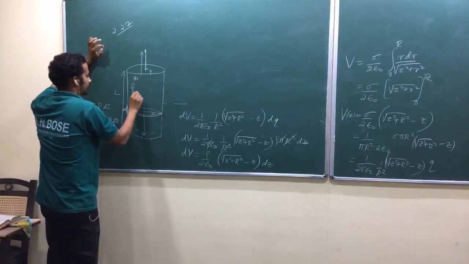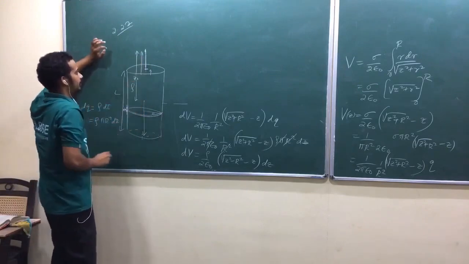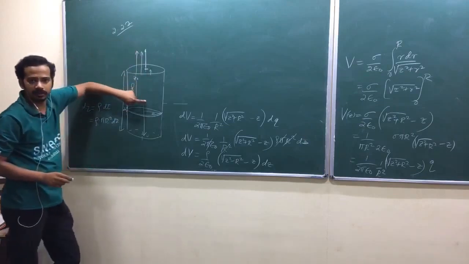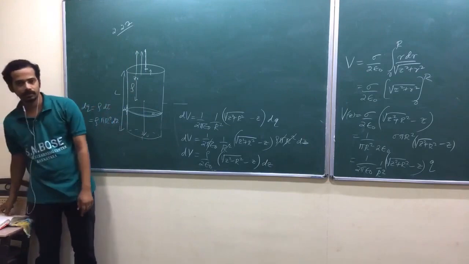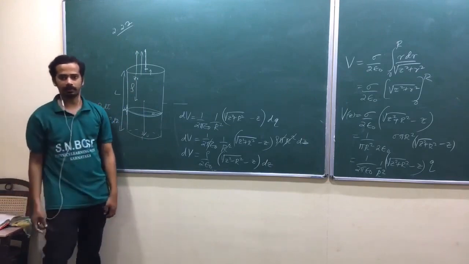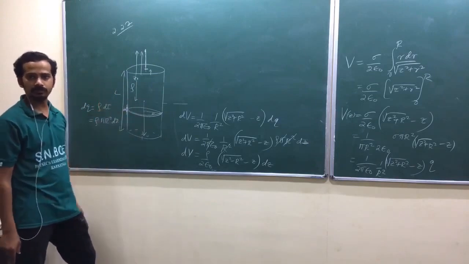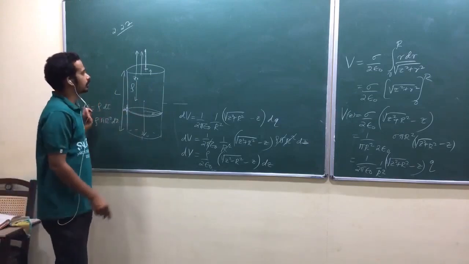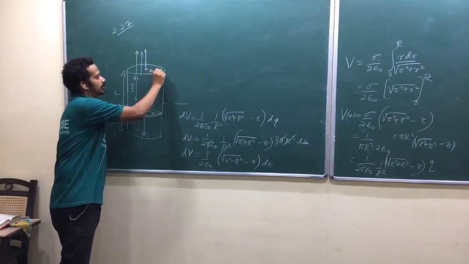According to him, you have to find it at a distance z naught from the center. That's the question. Let me take it as z naught because now z is variable. We may get confusion with that z. Now if it is z naught, what is this one? z naught minus L by 2.